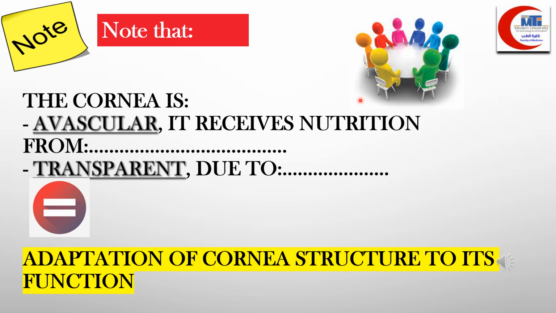Also, the fibers and the ground substance have the same refractive index. Also, continuous withdrawal of fluids from the stroma through the endothelium. All these causes make the cornea transparent.